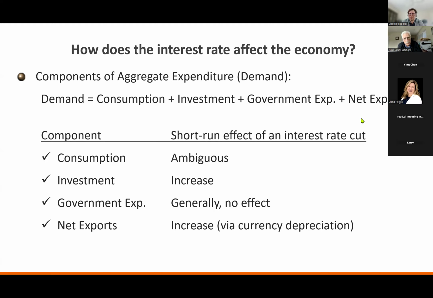So an interest rate cut has a net positive effect of increased investment and increased net exports, and that becomes additional income as the expenditure occurs on domestic goods. Domestic goods producers can sell more, and therefore incomes go up, and then there are additional rounds of effects. But the main effect of an interest rate cut comes to the economy through these mechanisms.